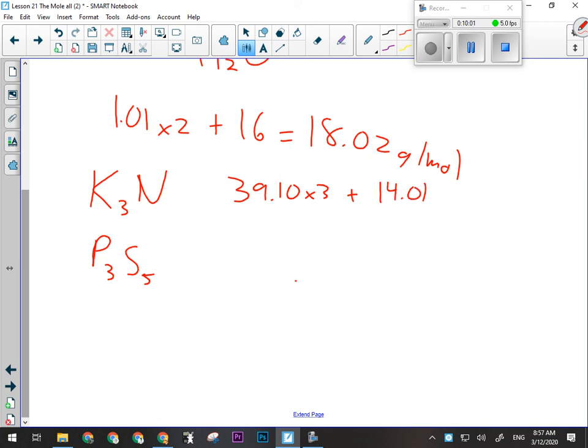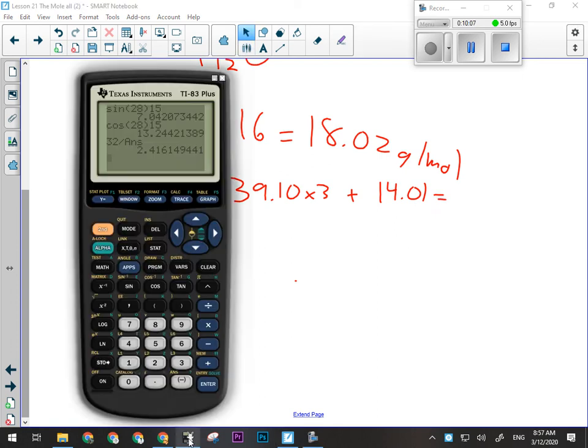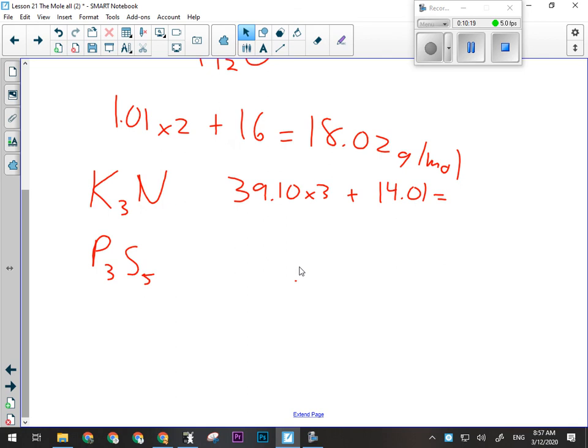There's only one nitrogen, right? So if I do that, then I'll have my molar mass. So I'll have 39.1 times 3 plus 14.01. All right, so 131.31 grams per mole.